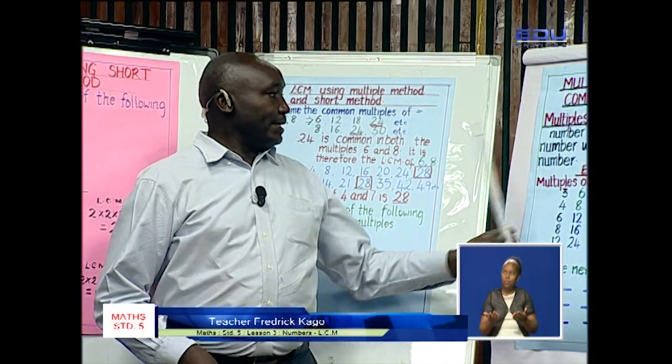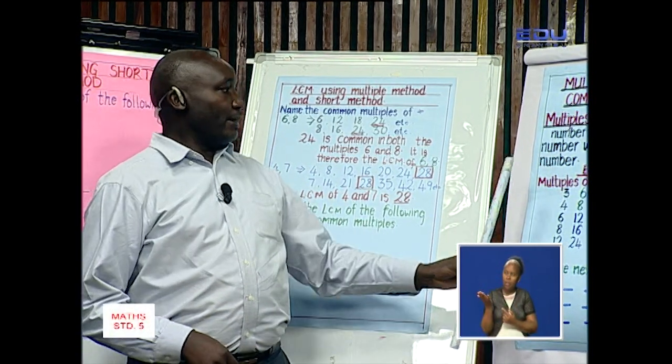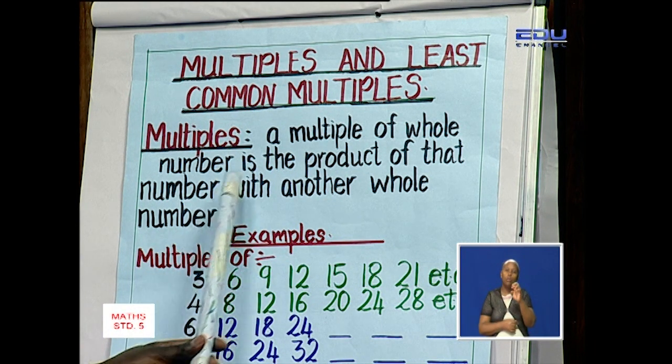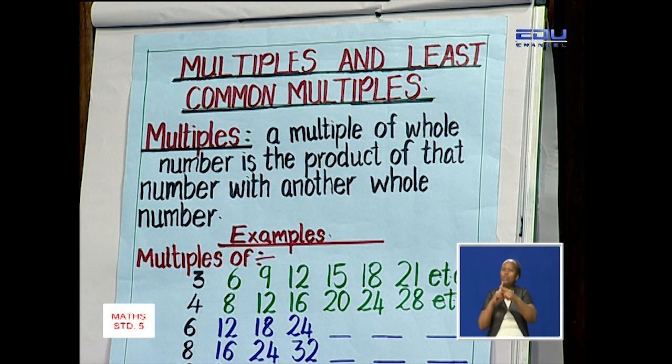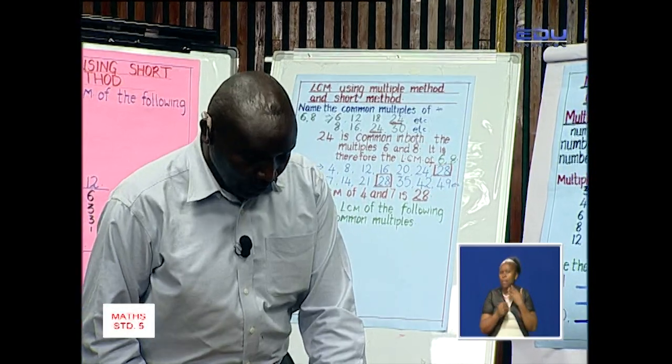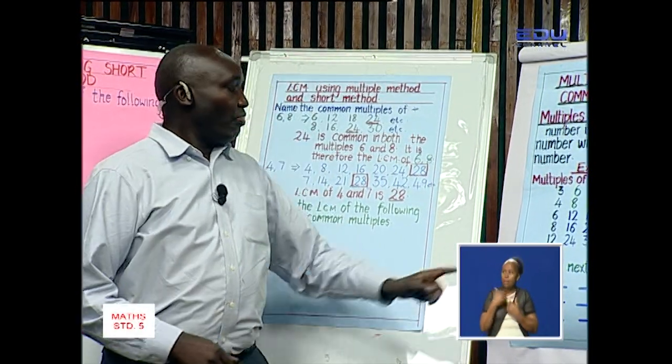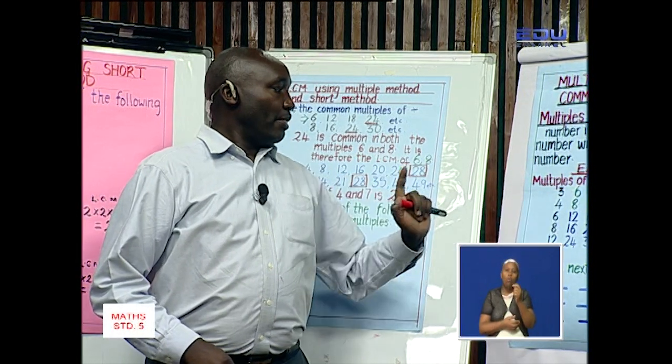So as you can see from the graph here, a multiple of a whole number is the product of that number with another whole number. I want to go directly to the examples. The multiples of 3.